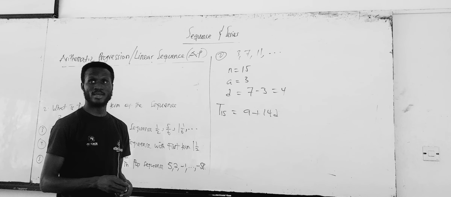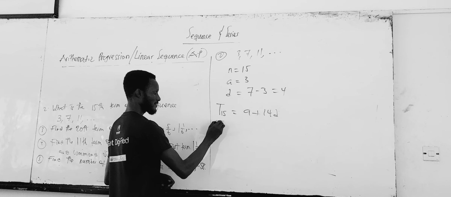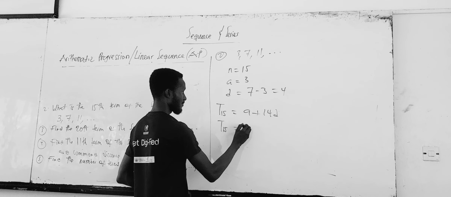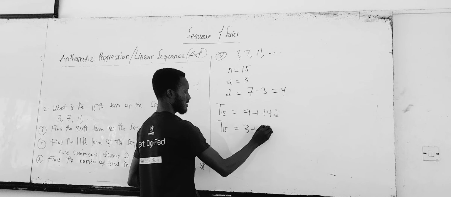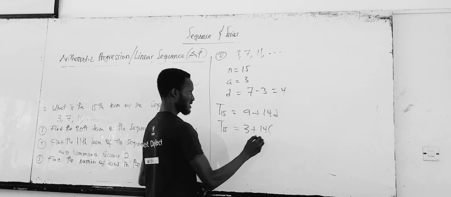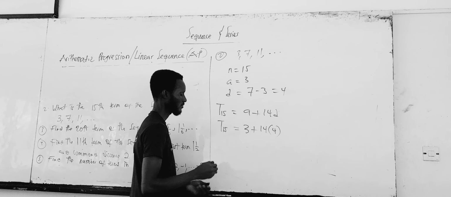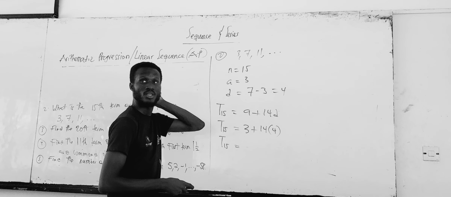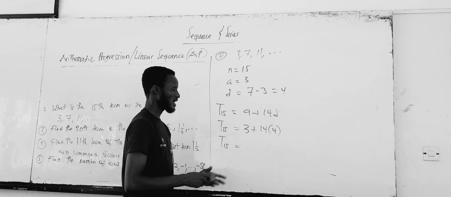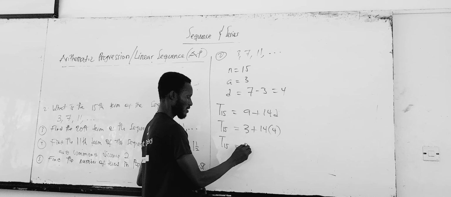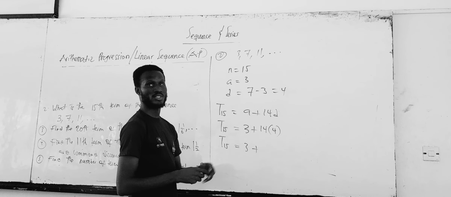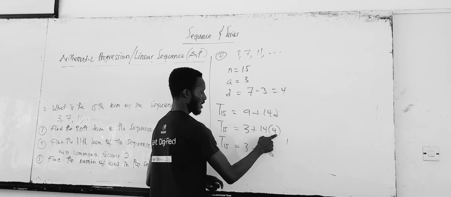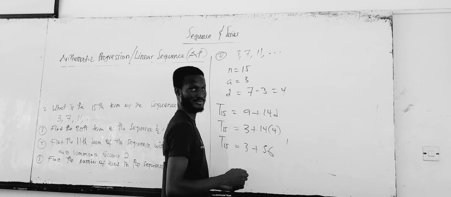So we have T15 is equal to, what is a? a is 3, plus 14, what is d? d is 4. Now at this point, we have 3 plus 14 times 4. Now what is 14 times 4? 4 times 4 is 16, so 6, carry 1, plus 5 is 56.